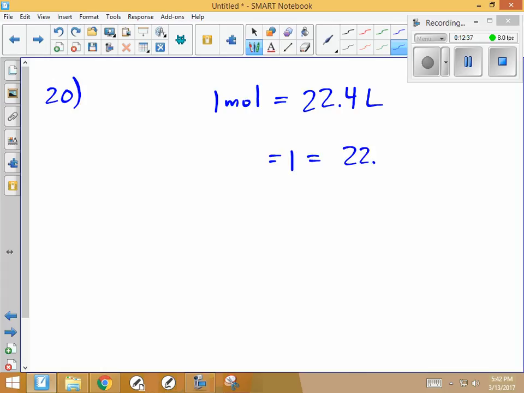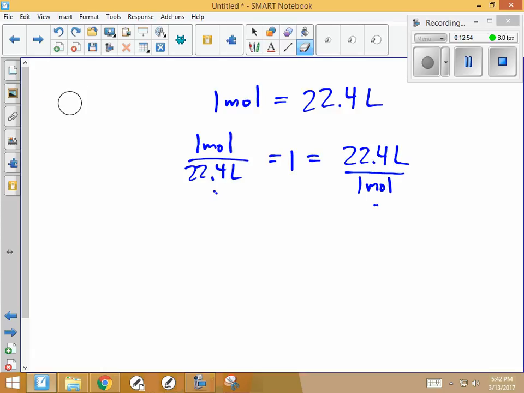We could use a conversion factor like this, where we divide both sides by 1 mole, or where we divide 1 mole by 22.4 liters. These are your 2 conversion factors that we're going to use on these problems. Here we go, number 20. Let's see how this breaks down.